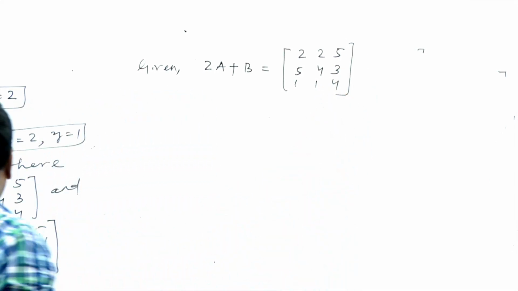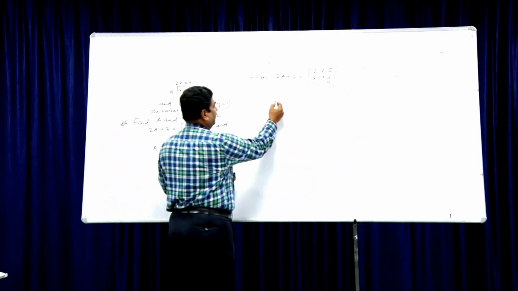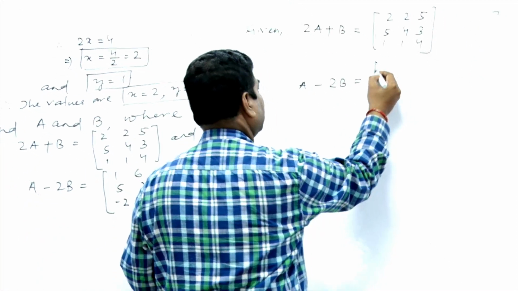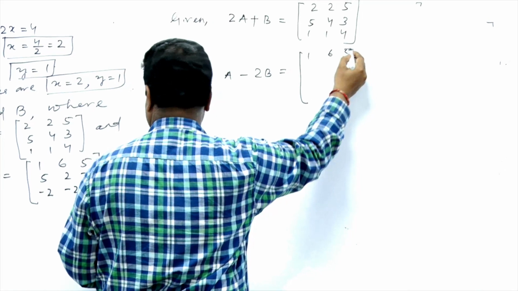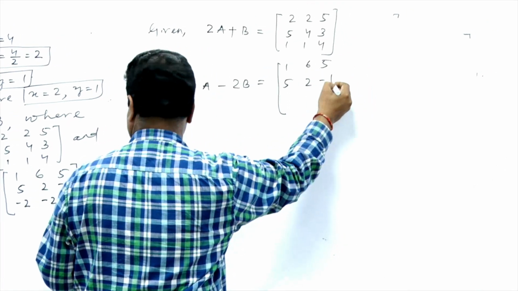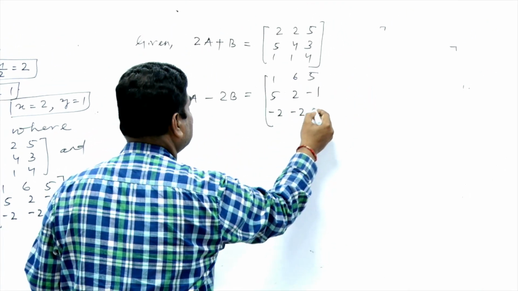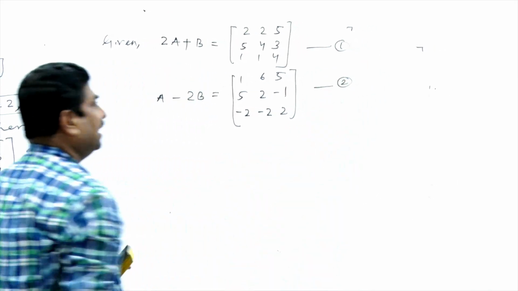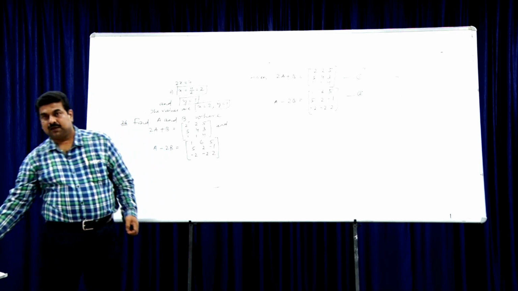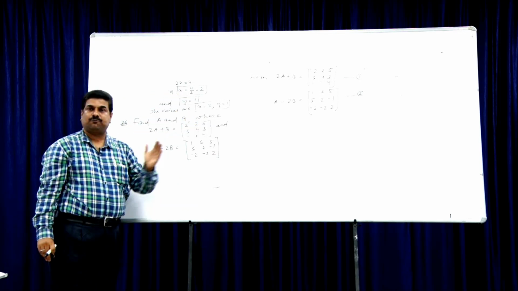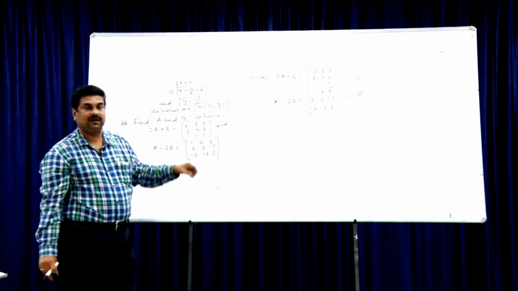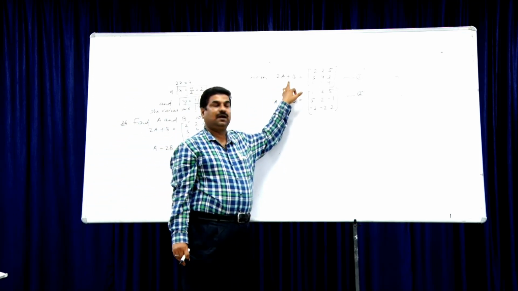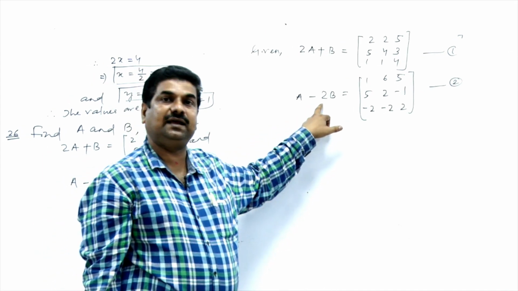The second one is A minus 2B, which is equal to [1 6 5; 5 2 -1; -2 -2 2]. Suppose this is equation number 1 and this one is equation number 2. From these two relations we have to find the values of A and B. Again, in the first equation this one is B, but here it is minus 2B.